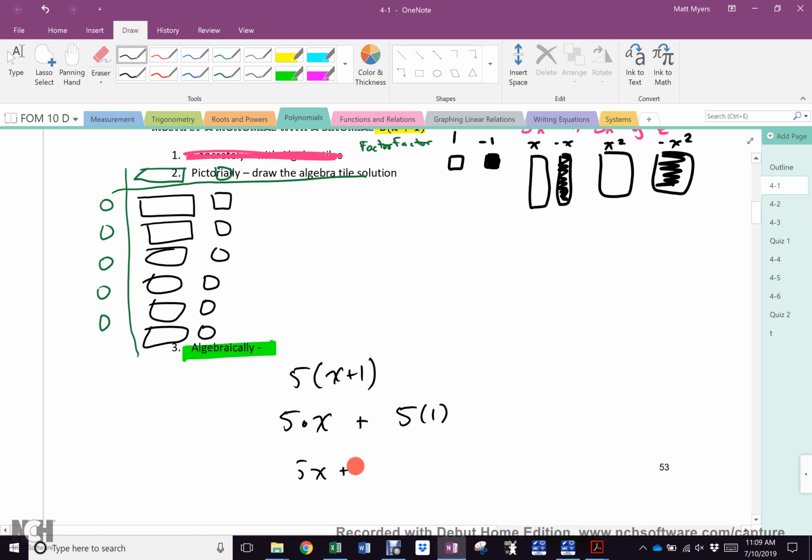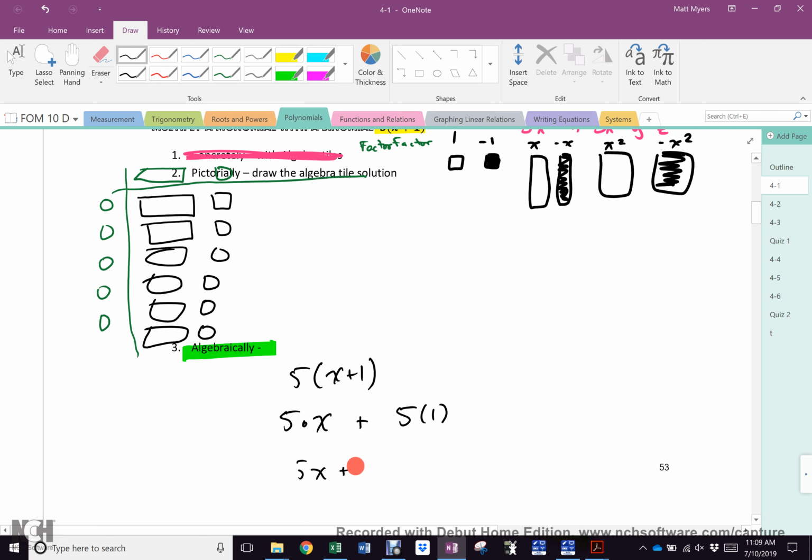Now, the mistake kids make here, don't forget exponents. Meaning all those laws that we just did in exponents still apply now.